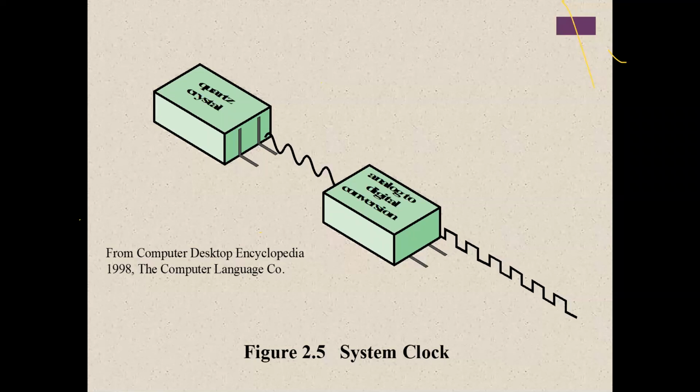So typically all these operations begin with the pulse of the clock. At the most fundamental level, the speed of the processor is dictated by the pulse frequency that is produced by the clock, and it's measured in cycles per second, or hertz.